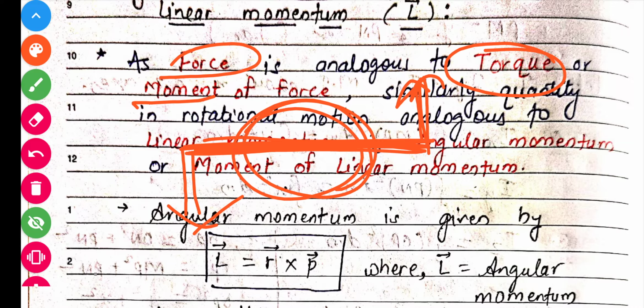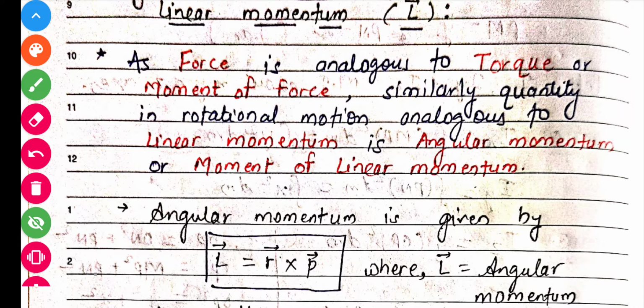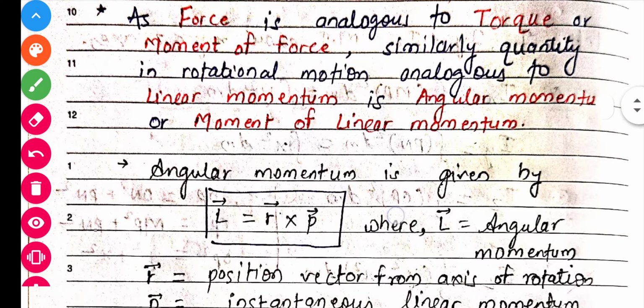In simple words, it is called torque. So force, which is in linear motion, is analogous to torque, which is in angular motion, or rotational motion. This torque is also called moment of force, and we will see the formula.